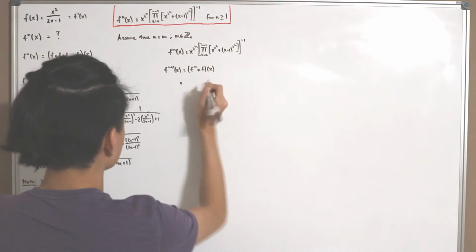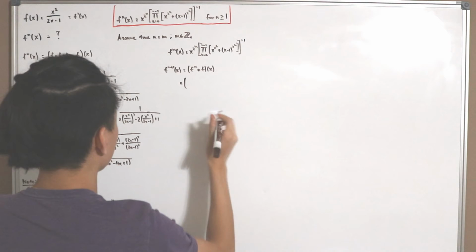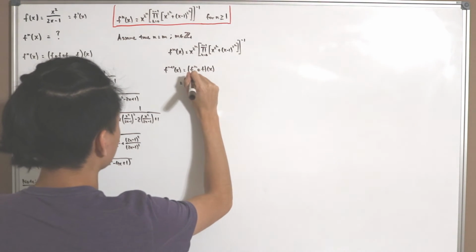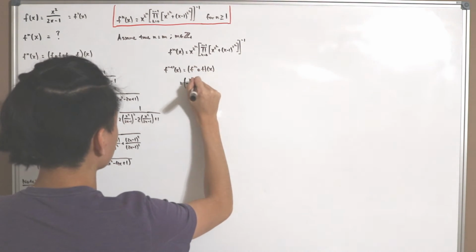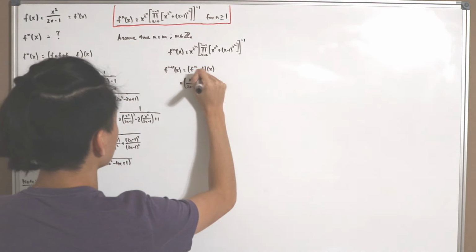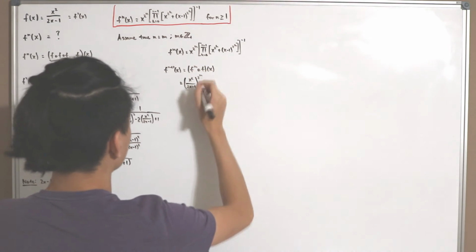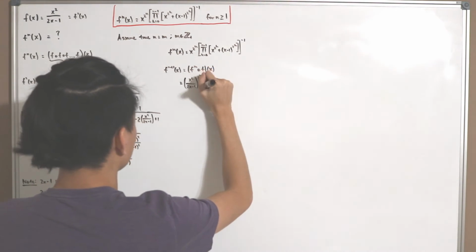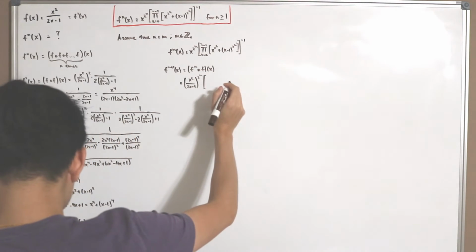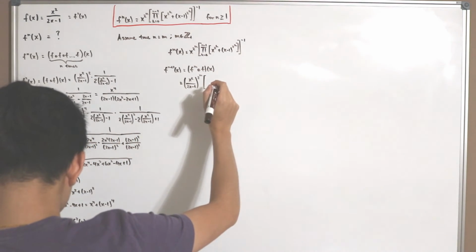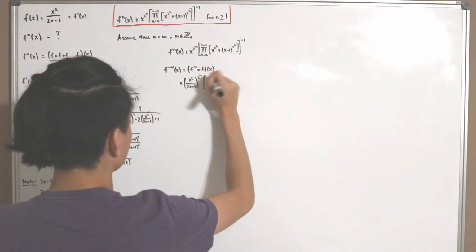Okay, this is going to be a long one. So x squared divided by 2x minus 1, then to the power 2 to the n, and x is still the same.